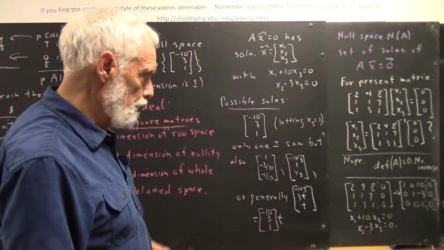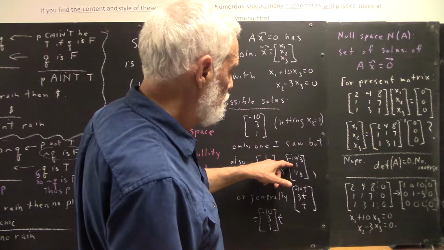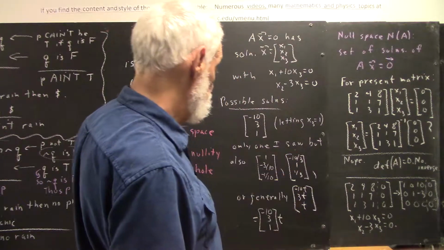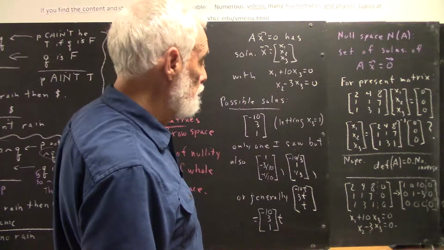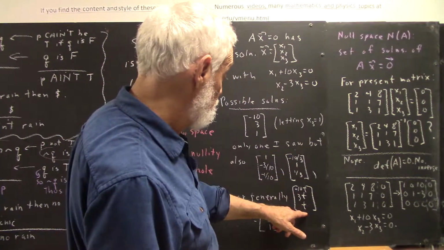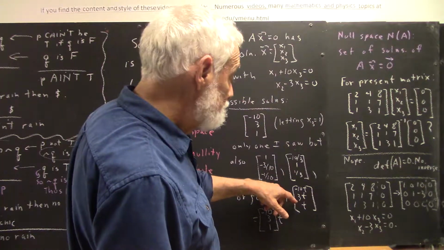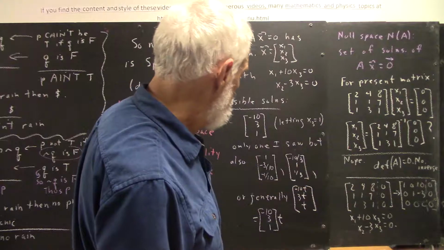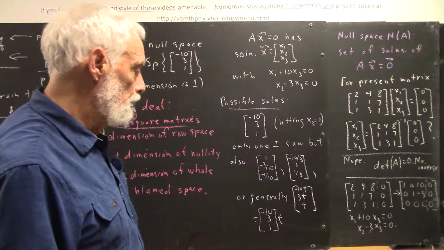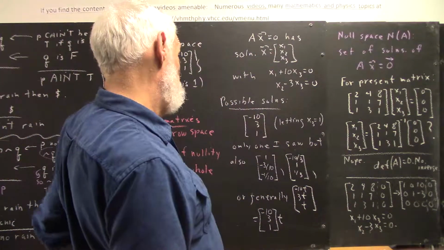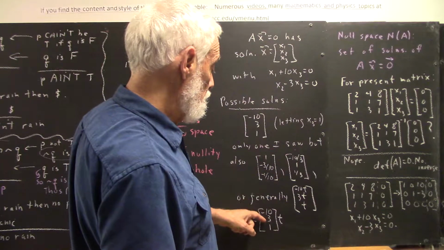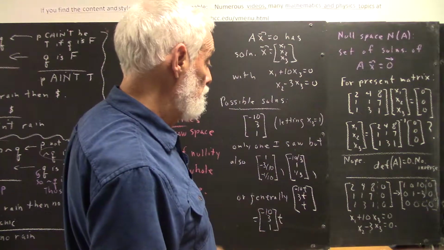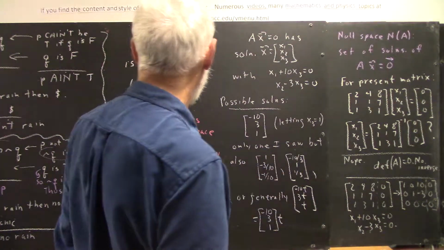You can verify that. Also, if we let x2 equal 1, we get these components. Even more generally, we could let x3 be t, so that x2 is 3t and x1 is negative 10t, and you can verify that that would be the solution, so that your general vector might be negative 10, 3, 1 times t, where t could be any real number.